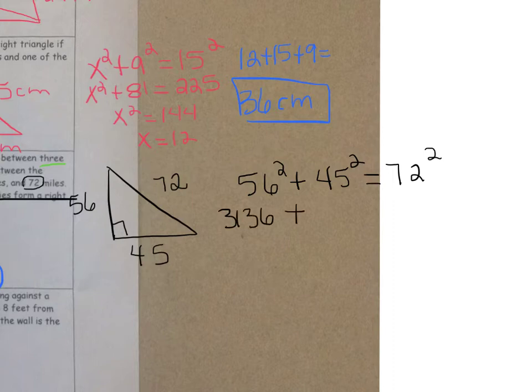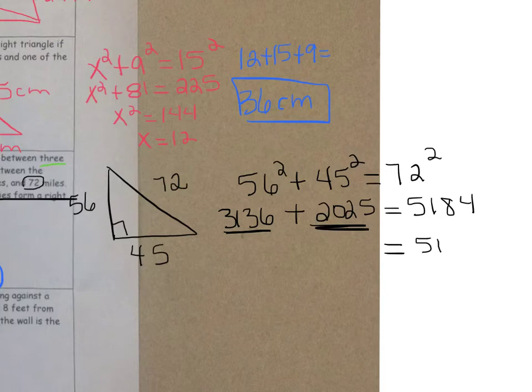56 squared is 3,136. 45 squared is 2,025. 72 squared is 5,184. Now, I need to add these two to see if it equals 5,184.